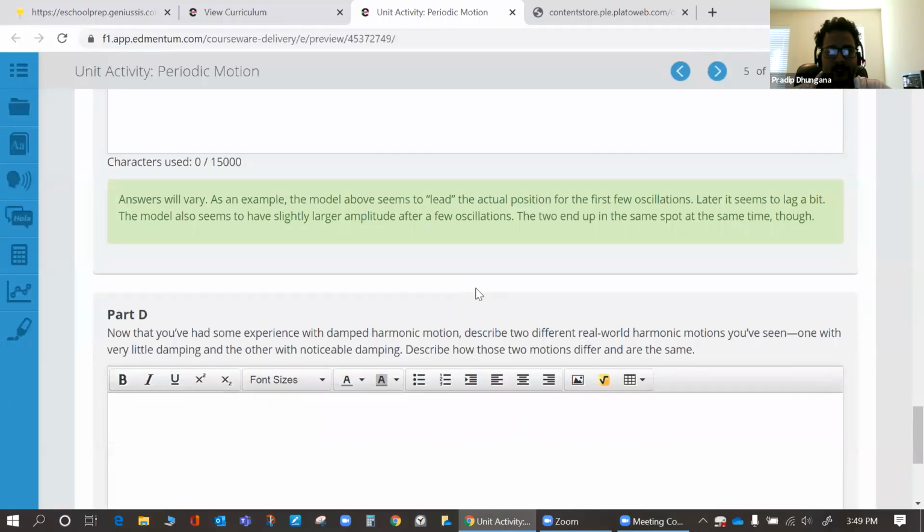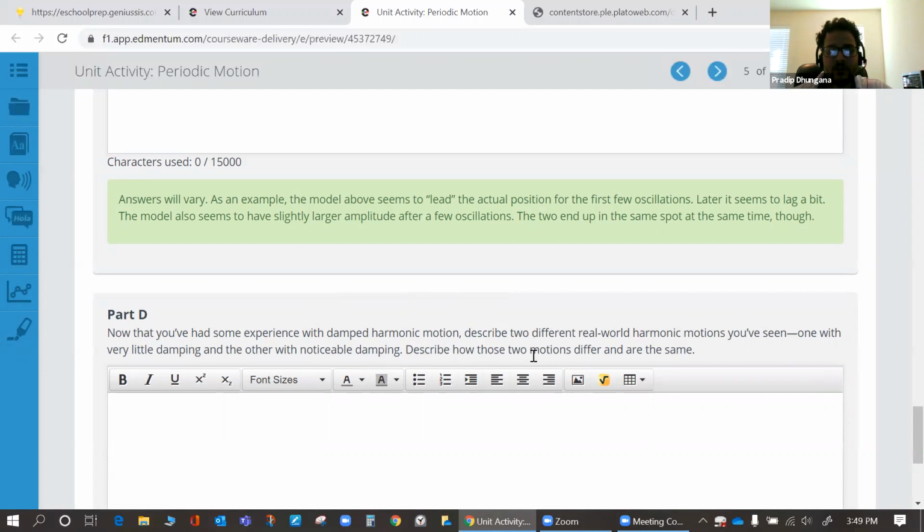Now let's go to part D. Now that you have had some experience with damped harmonic motion, describe two different real harmonic motions you have seen, one with very little damping and the other with noticeable damping.